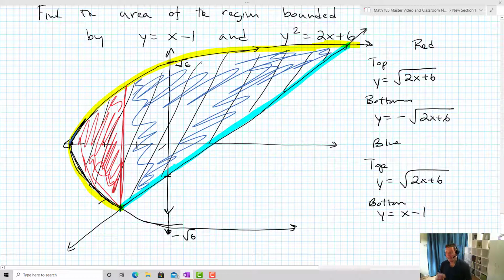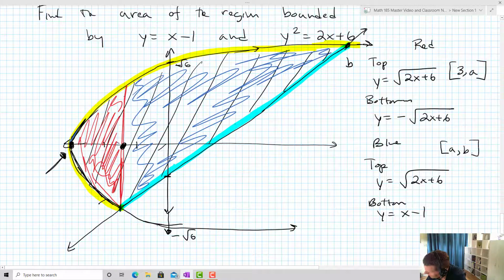In addition to being somewhat tricky to visualize in terms of our curves, for this top curve we'll go from x equals 3 to whatever this value is right here, because that's the end of the parabola. We'll call that 3 to a, so we'll have to figure out what that intersection is in terms of x values. Then our second curve is going to go from a to b, which is the very end point in terms of x values. So there's the second x interval.